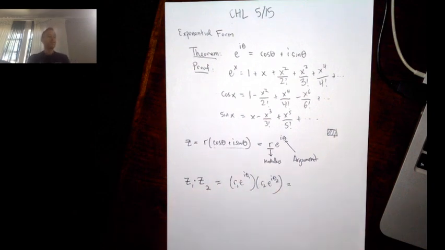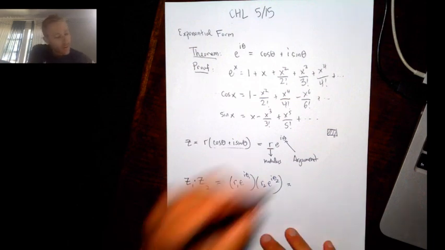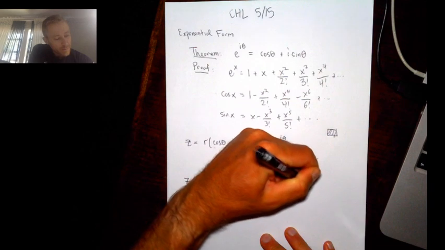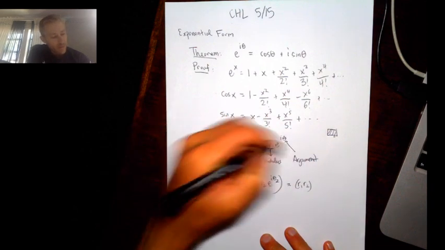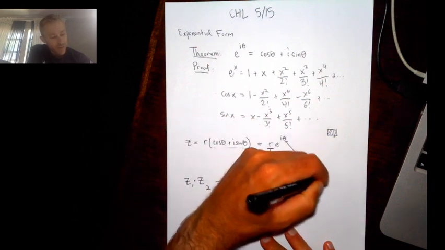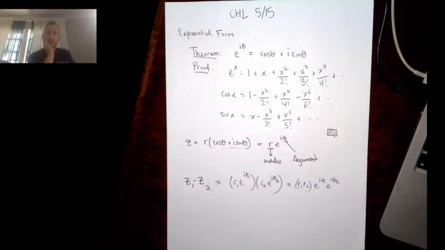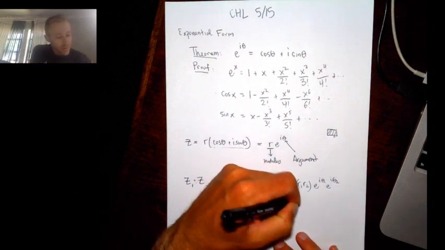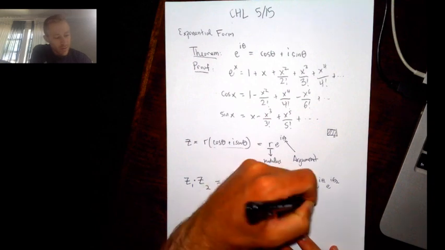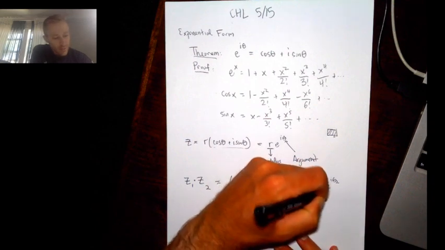So I get r1 times r2 times e to the i theta 1 times e to the i theta 2. And notice when you take two exponentials and you multiply them together, the exponents add. So this is equal to r1 r2 e to the i theta 1 plus theta 2.